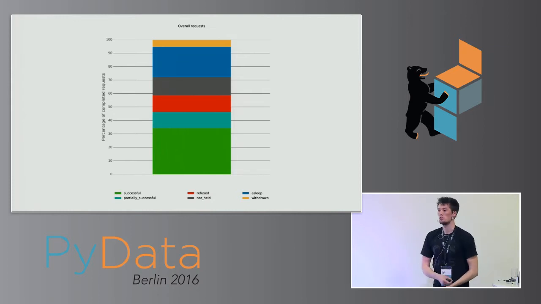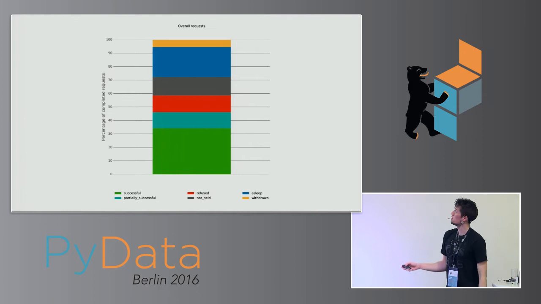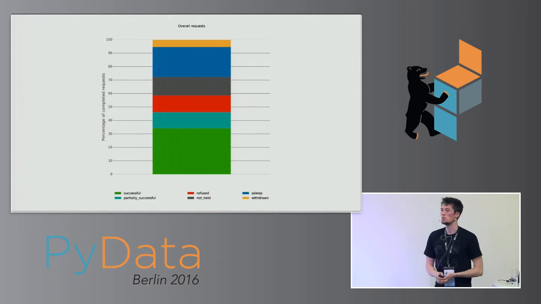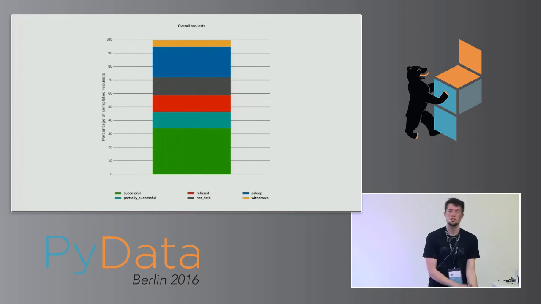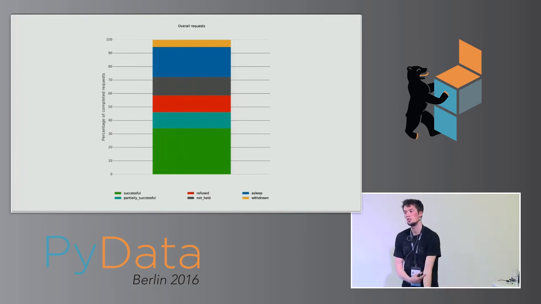Partially meaning that at least a part of the data set or the information was given to the user. And what you can also see is that about 10% are refused, or the information is not even there. But also a big part, and you see this in many public bodies, a big part of the requests are falling asleep. That can mean that the public body is not answering for quite some time.